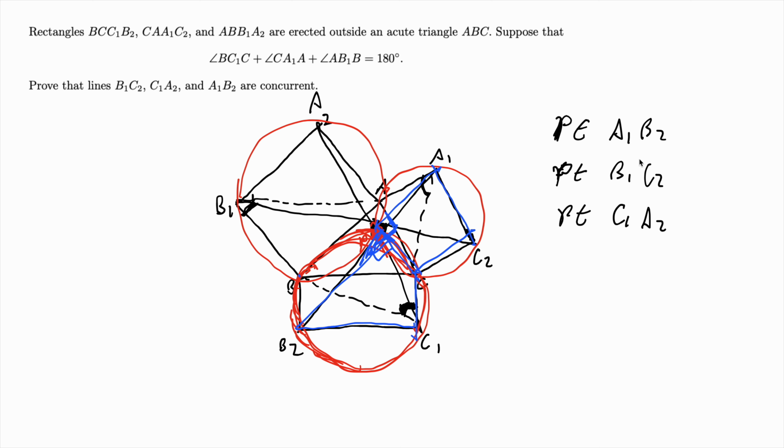That means P is the intersection of A sub 1, B sub 2, and B sub 1, C sub 2. But it is also the intersection of these two and these two. Therefore, these 3 lines concur at the point P.